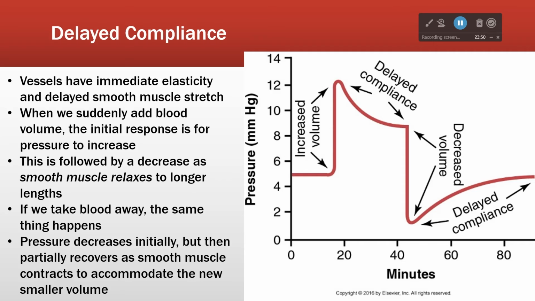Another is, and this is where we're different than a balloon, our vessels can get bigger, right? Because the smooth muscle can relax and actually increase the diameter. Now there's a thing a balloon can't do, right? It can't relax and get bigger, but our vessels can. So it means that we get this pattern of delayed compliance.